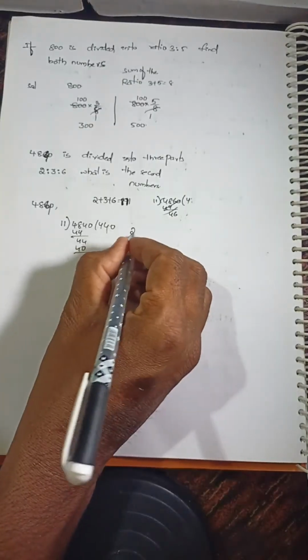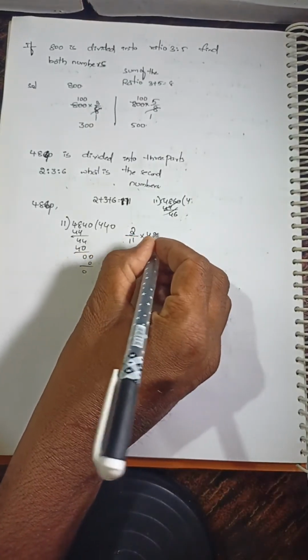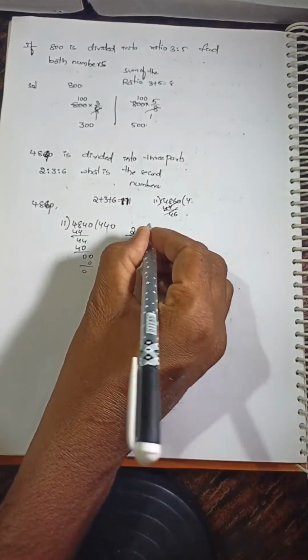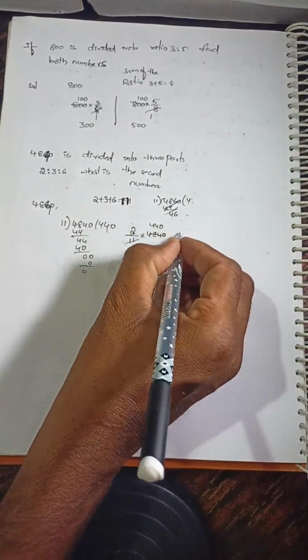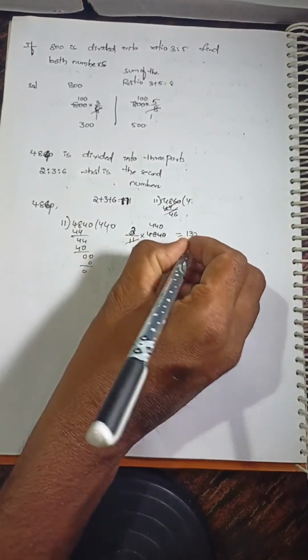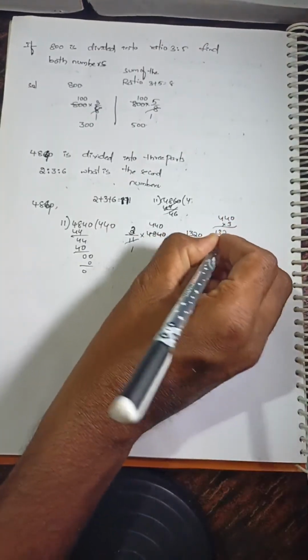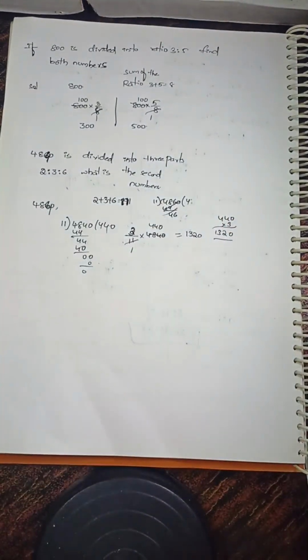So 2 by 11 into 3 by 11 into 4840. 11 ones are 11, 440. So what answer are you going to get? Sorry, 3. So you are going to get the answer 1320. Why? Because 440 into 3, we are going to get 1320.